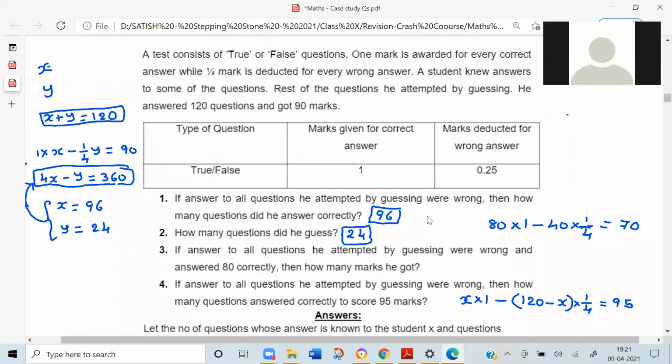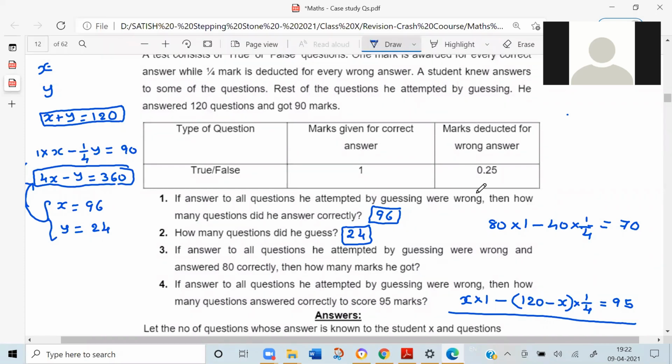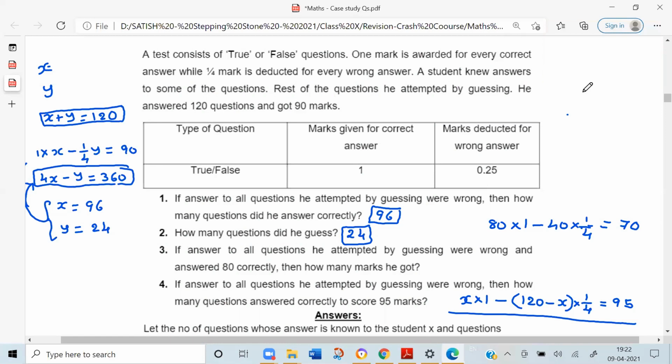Now this linear equation you need to solve and tell me the answer. So what is the answer? 100. Correct.